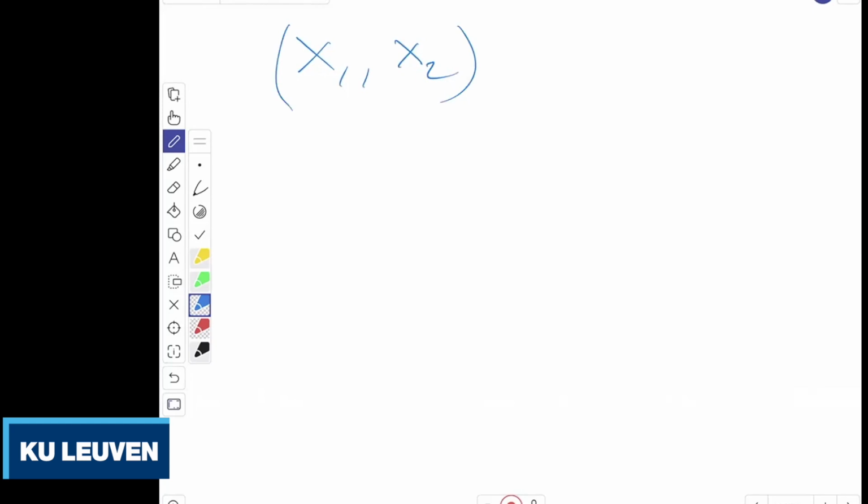So I put them in a vector notation, meaning X1 is a risk, X2 is a risk, and I can look at the distribution of X1. So what's the probability that X1 will be really large, small, zero, whatever? The distribution CDF of X1, which I denote by Fx1. I can do the same for X2. So assume that you have data. X1 is a car insurance loss, so you have car insurance data.